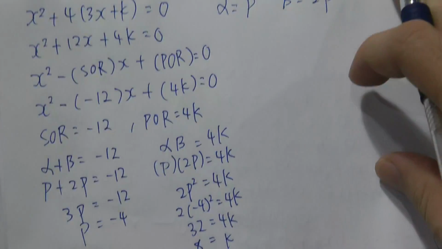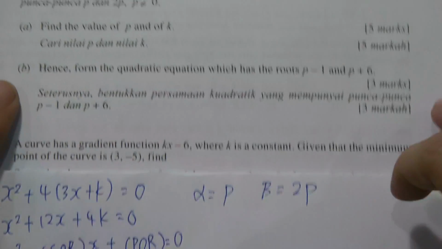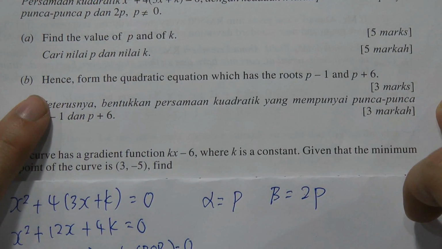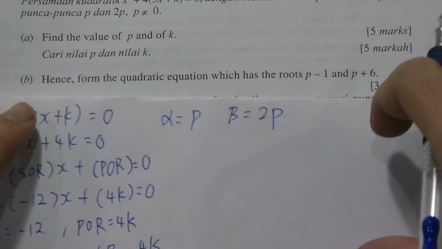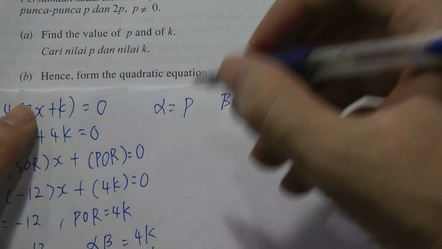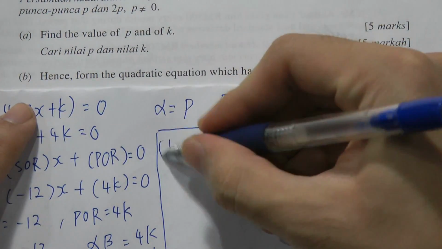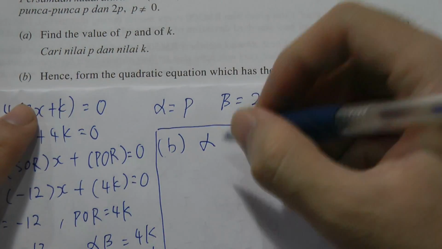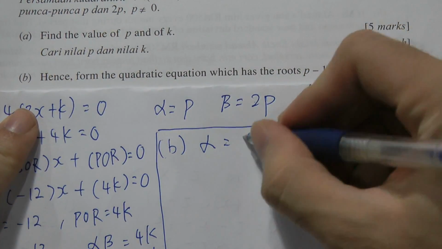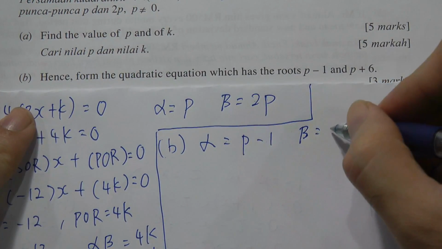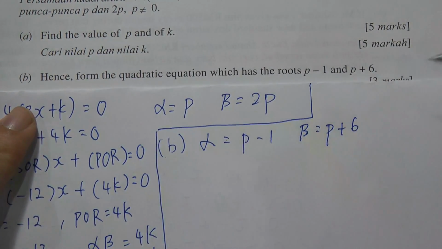For the second part he says, hence form the quadratic equation which has the roots p minus 1 and p plus 1. So now, this is for section A. Then we go to section B. I assume alpha is equal to p minus 1 and beta is equal to p plus 6.